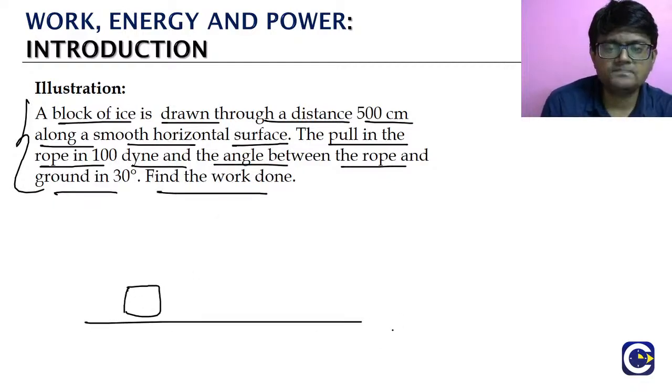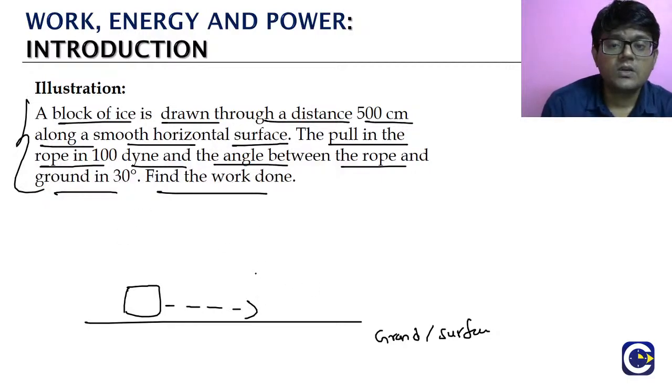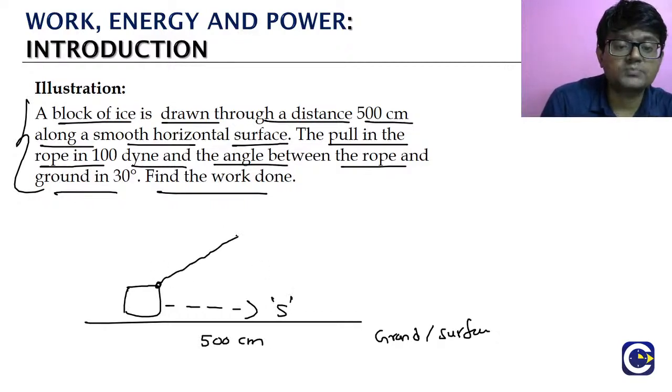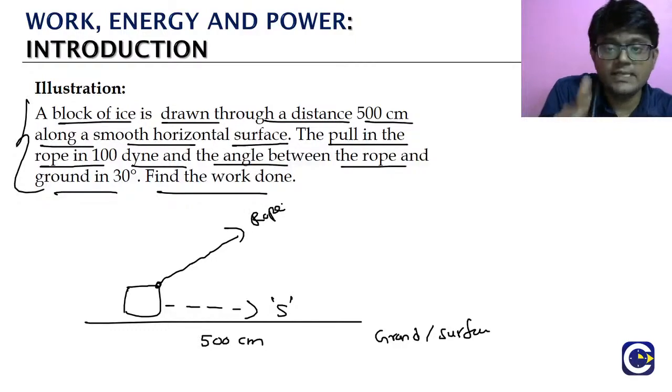So this is the ground or the surface. Okay, so the ice block is moving like this. What is the displacement here? We have to take 500 centimeters. This is along the horizontal surface. This is the displacement. Now the rope tied to it, the tension in the rope is basically the force.